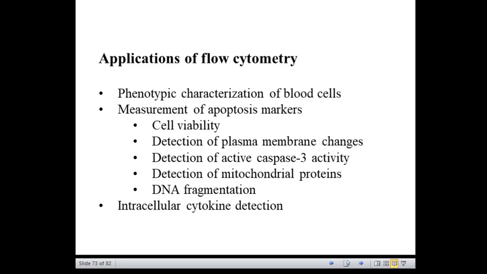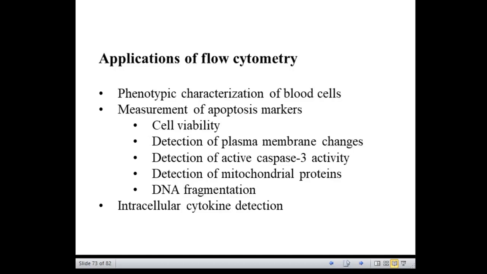Under this, we have the cell viability, detection of plasma membrane changes, detection of active caspase-3 activity, detection of mitochondrial proteins, and DNA fragmentation. And number three, intracellular cytokine detection. So these are some of the hand-picked applications of flow cytometry.